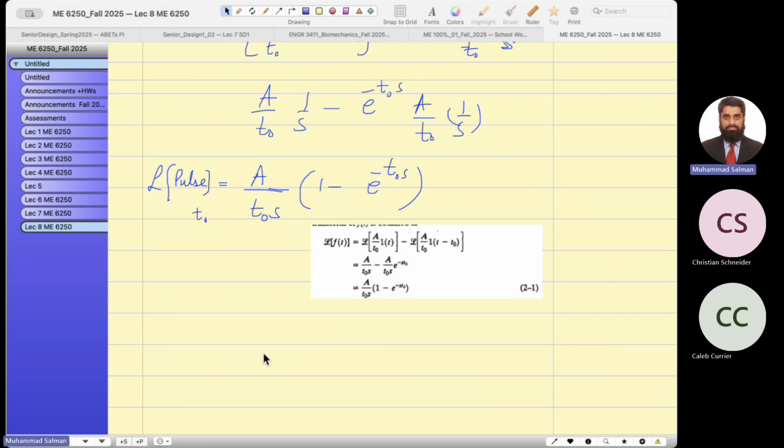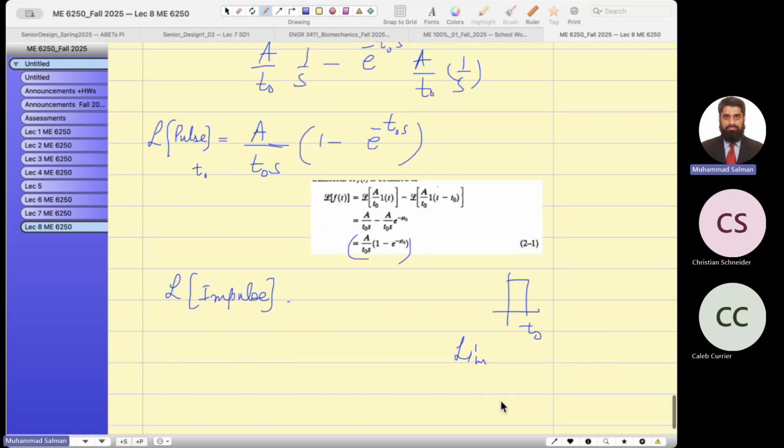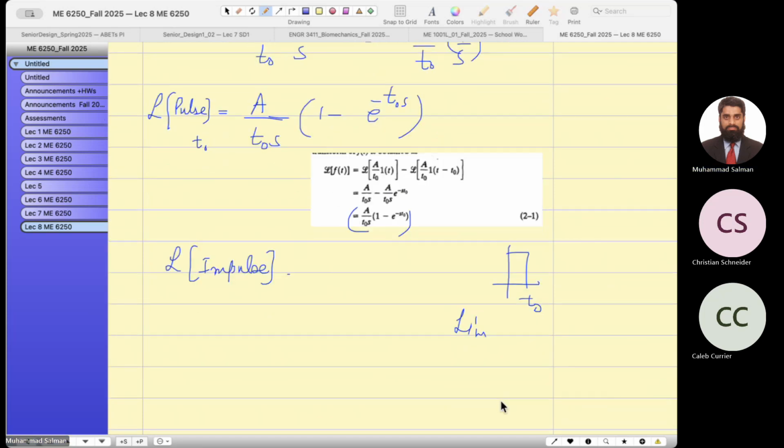Now, in order to find the Laplace transform of an impulse function, take the pulse function, which has this width, and limit the width to 0.